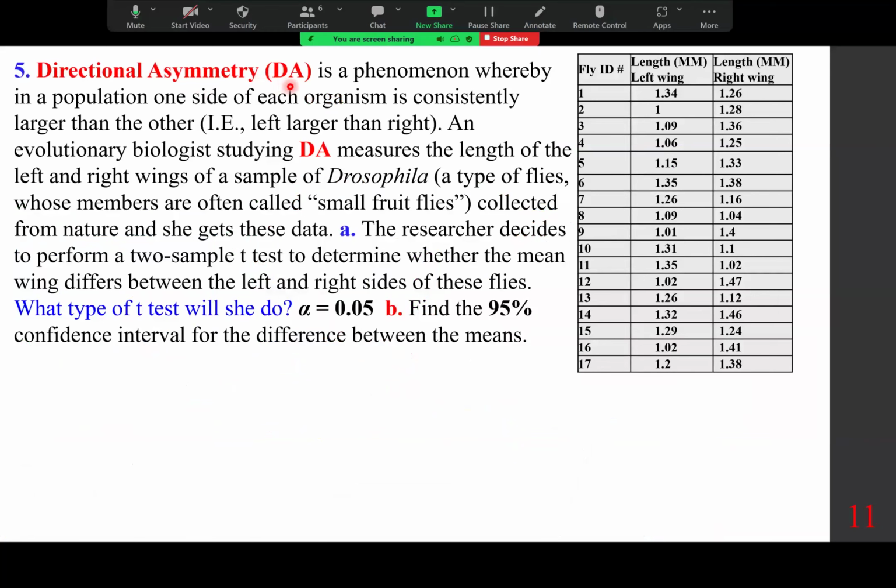Directional asymmetry, or DA, is a phenomenon whereby in a population, one side of each organism is consistently larger than the other. For example, left may be larger than right. An evolutionary biologist studying DA measures the length of the left and right wings of a sample of Drosophila, a type of fly whose members are often called small fruit flies, collected from nature, and she gets this data.